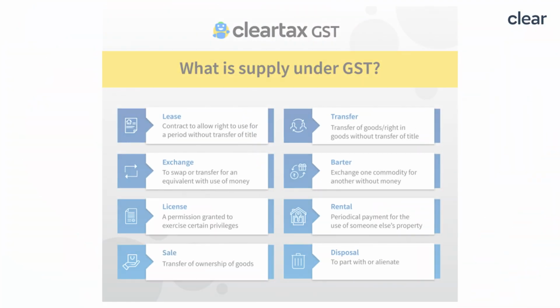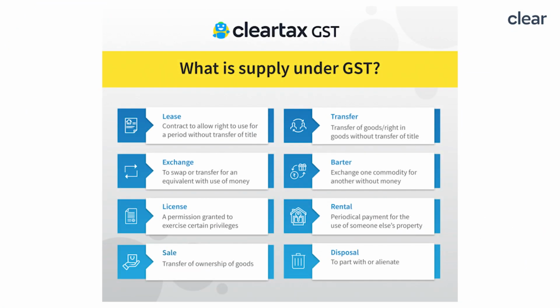Under the GST Act, the expression supply includes: Number 1. All forms of supply of goods or services or both, such as sale, transfer, barter, exchange, license, rental, lease, or disposal made or agreed to be made for a consideration by a person in the course or furtherance of business.